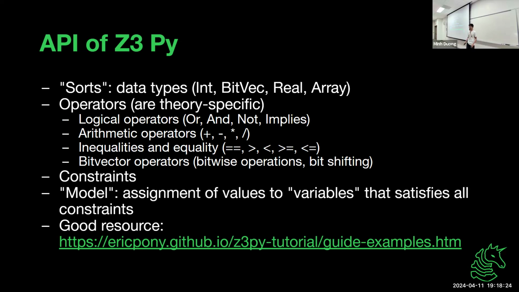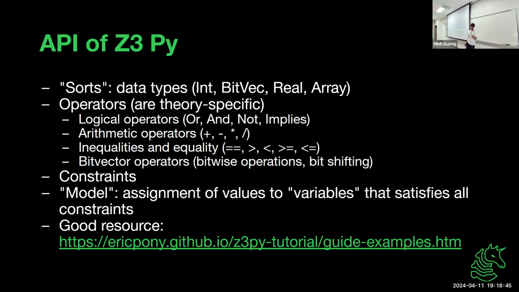It might be something like x equals 5 or x plus y is less than 10. What Z3 will try to do is give you what it calls a model, which is an assignment of values to all of your variables that satisfies all the constraints.